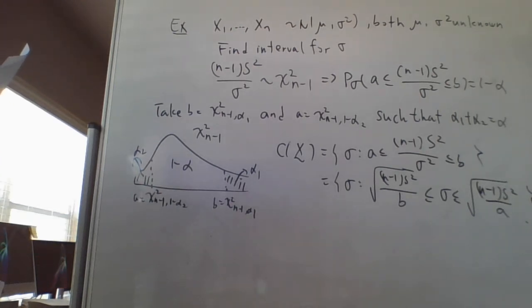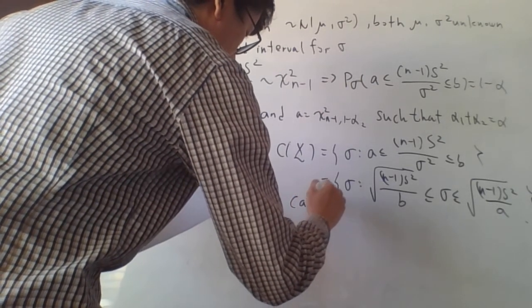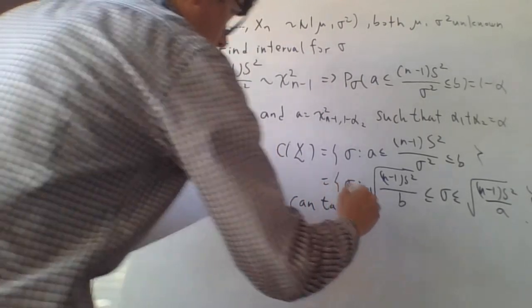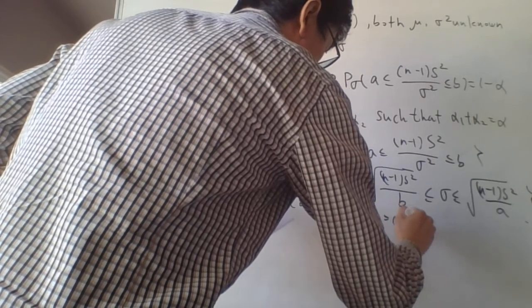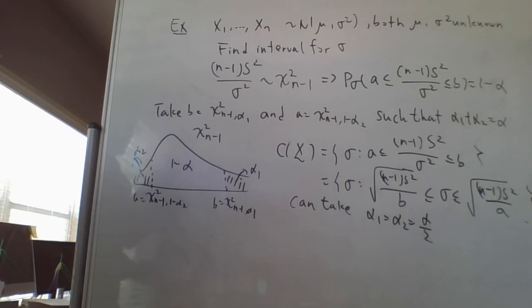So we can get the 1 minus alpha confidence interval for sigma. And then you can take alpha 1, alpha 2 equal, the same, so that you allow the two tails to have the same probability and then get the confidence interval.